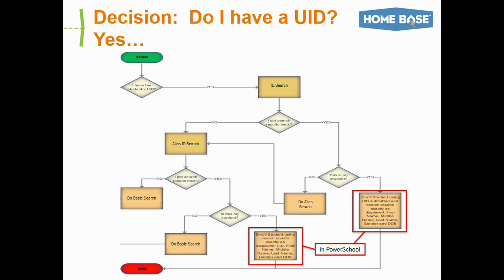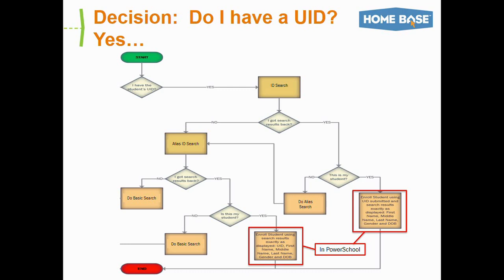So here's a decision tree to run through for when you have access to the student UID that you're looking for. If you have the ID, the first thing you're going to do is go to the ID search, enter the ID, hit search, and then look at the results that come back. If you get results back, you would then consider whether or not the student that you're looking for is listed in the results.